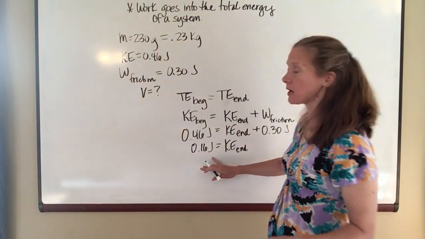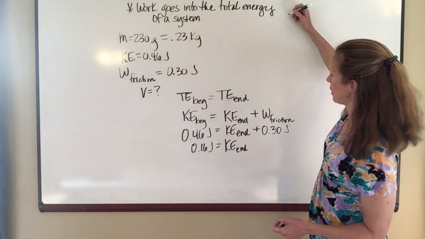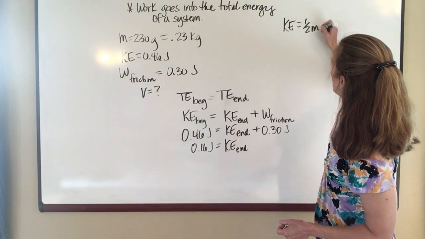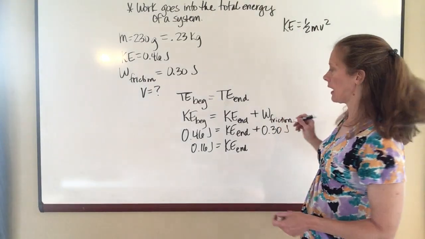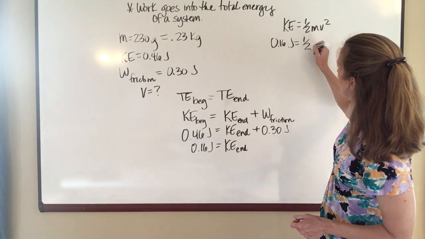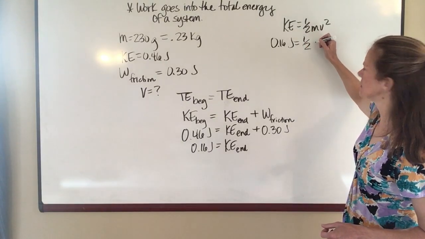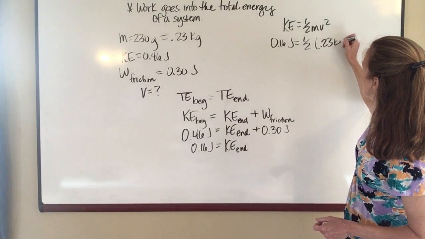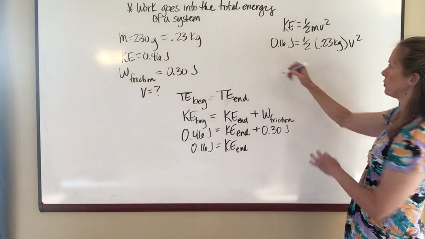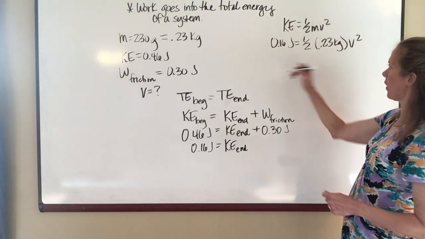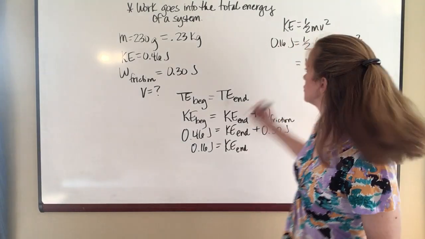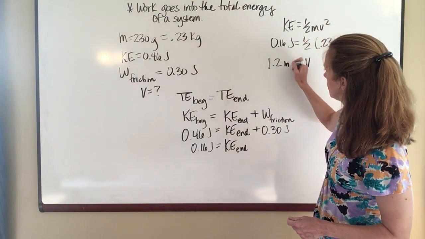Now that I know the kinetic energy, I know that kinetic energy is 1/2 times m v squared. The kinetic energy is 0.16 joules, the mass was 0.23 kilograms, and I'm trying to find the velocity. Once I move all these things around and solve for v, my velocity should come out to be 1.2 meters per second.